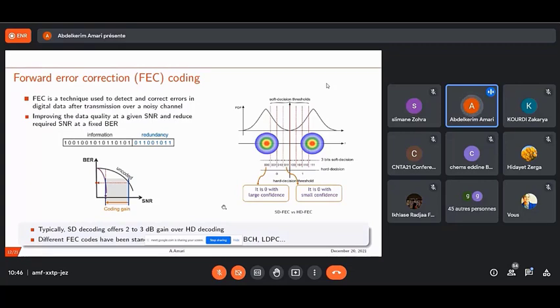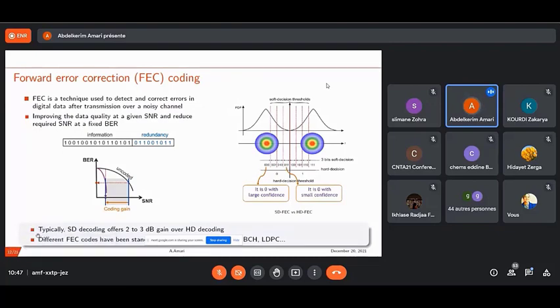So by using this soft information, we can get improvements of around 2 dB gain over hard decision decoding, but by introducing higher complexity. So we always have a trade-off between complexity and performance.